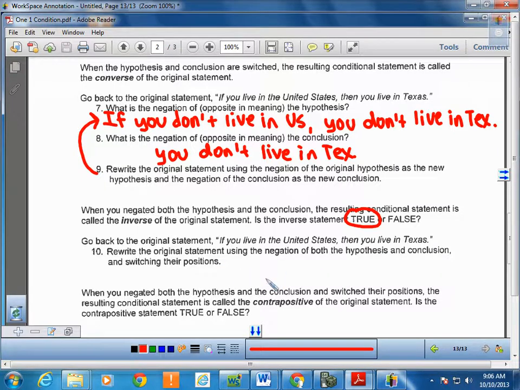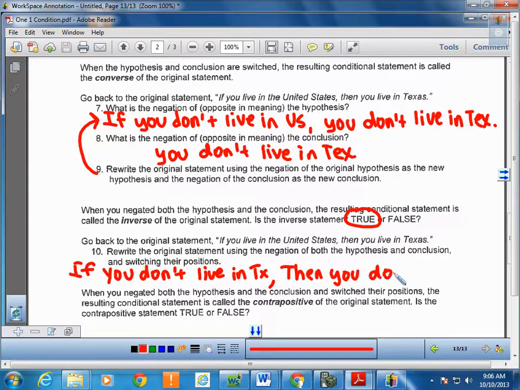So they want you to say, if you don't live in Texas, you don't live in the U.S. When you negated both the hypothesis and the conclusion and switched their positions, the resulting conditional statement is called the contrapositive of the original statement.